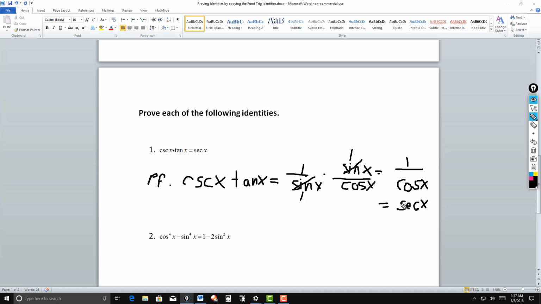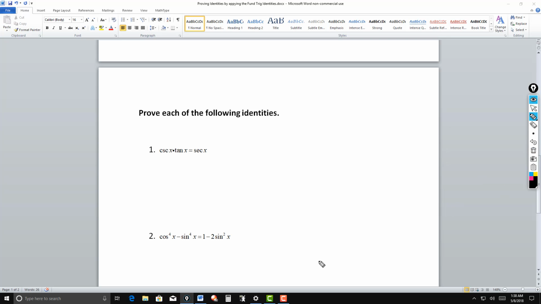So that shows it. Again, we start with one side, apply the fundamental identities, and show how you get the other side. Start with either the left or the right, but generally start with the more complicated side and show how you get the other side.